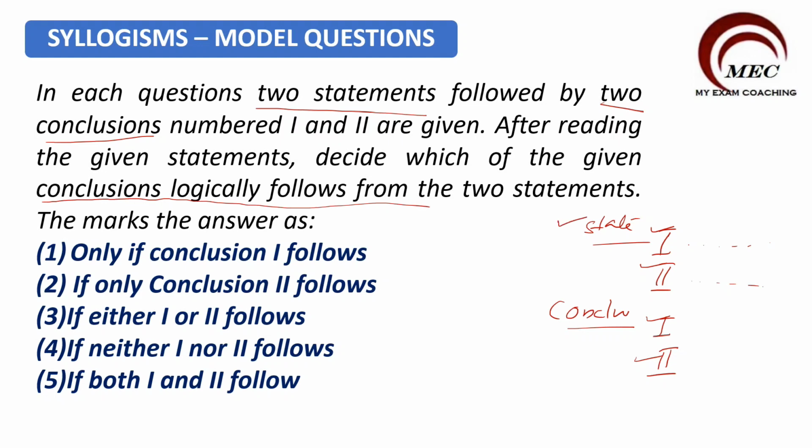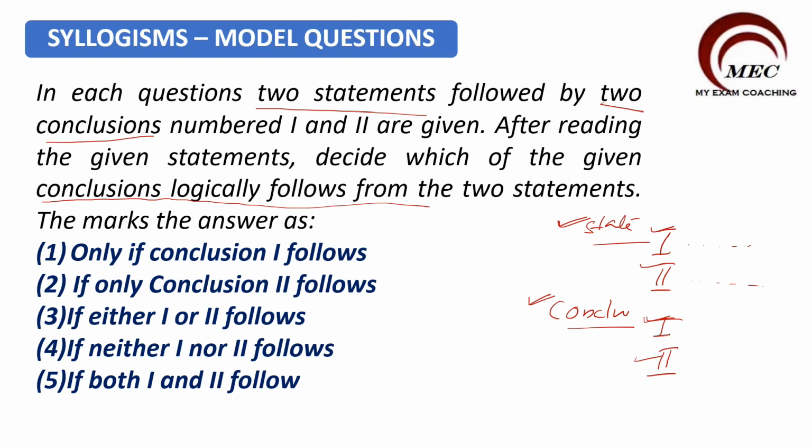Read the statement clearly, read the conclusions clearly, draw the Venn diagram according to the given statement, and then see which conclusions are correct. In some questions, conclusion 1 will be correct. In some questions, conclusion 2 will be correct. In some questions, both 1 and 2 are correct. In some questions, neither of them is correct.